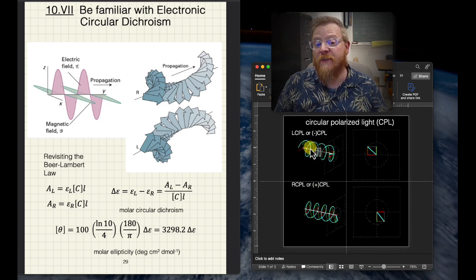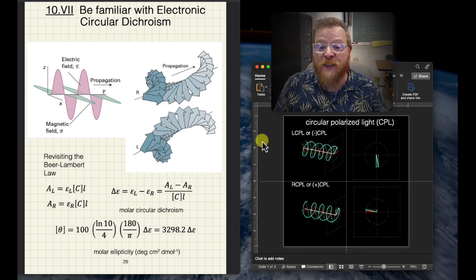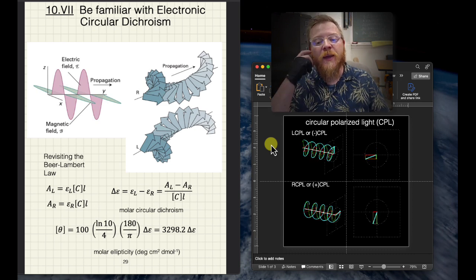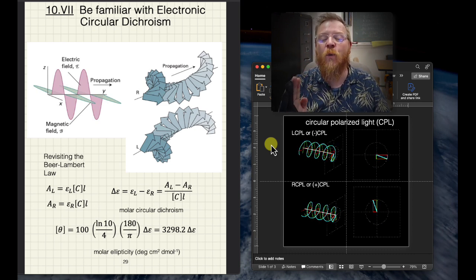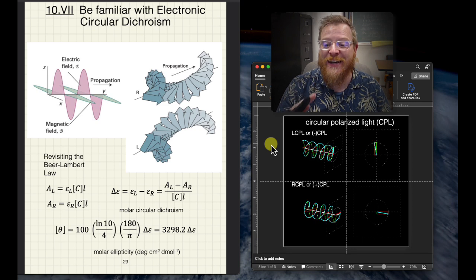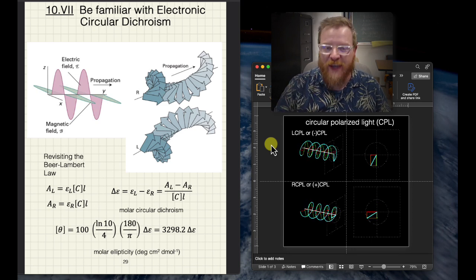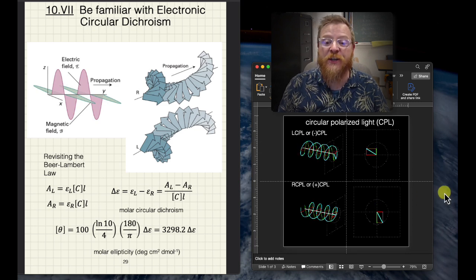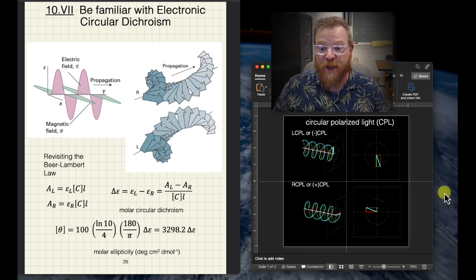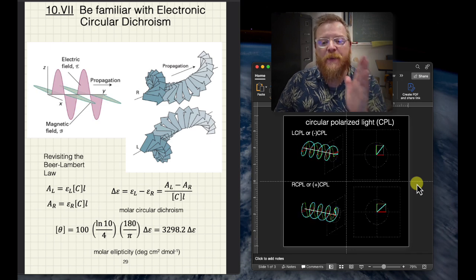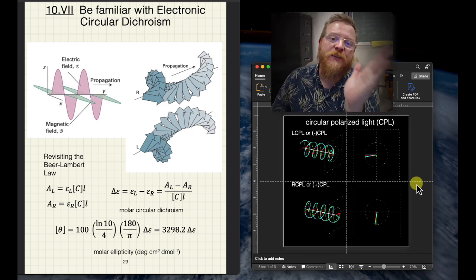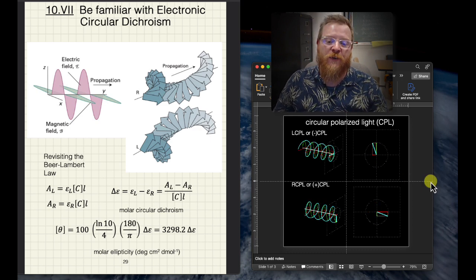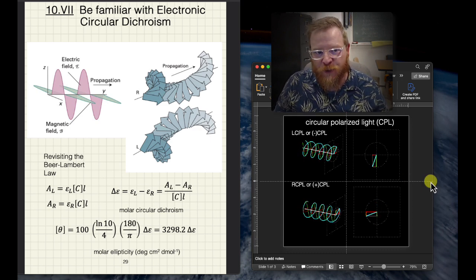So to make LCPL or RCPL, we first start with plane polarized light, and we slow down one of those components by 90 degrees, which creates this delay and thus makes circular polarization through constructive and destructive interference. Depending on the way that we delay our plane polarized light, either to the left or the right, we will generate left circular polarized light or right circular polarized light.